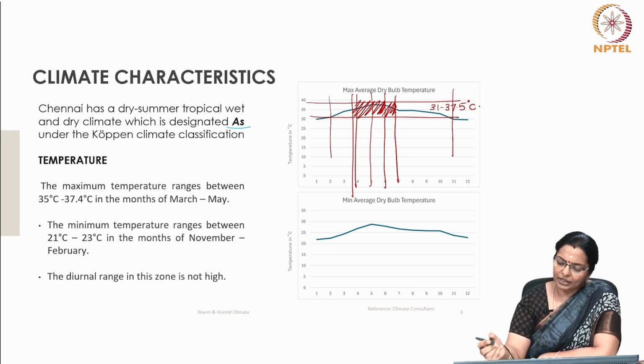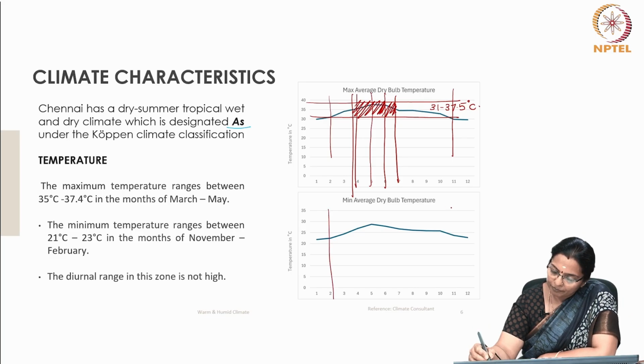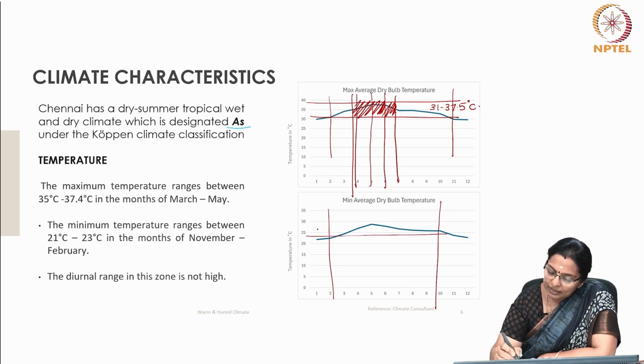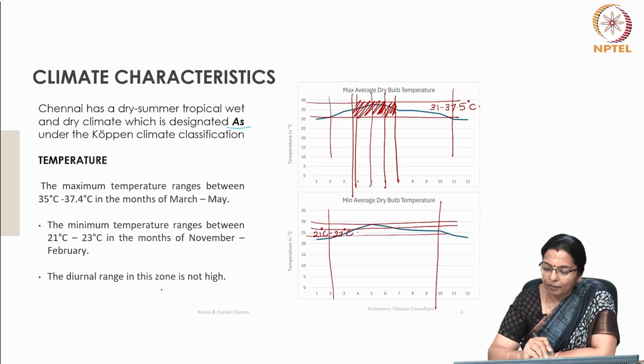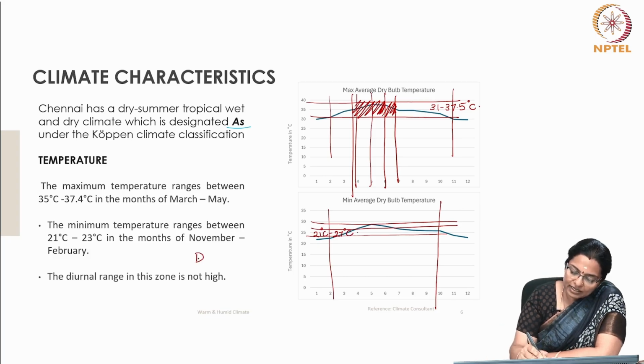The minimum temperature, if you see, for most parts of the period ranges somewhere between 21 degrees to say 27 degrees centigrade, which means the diurnal variation is not high.